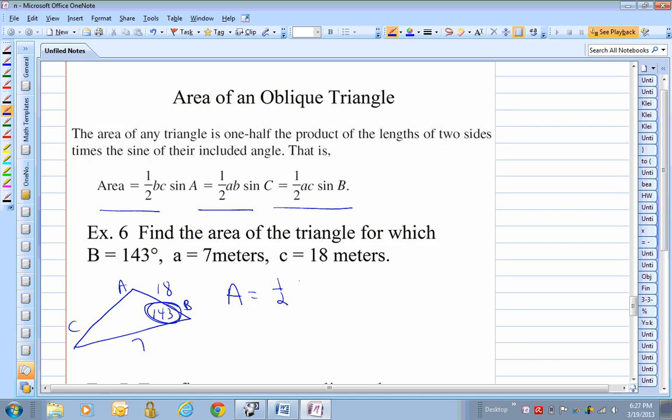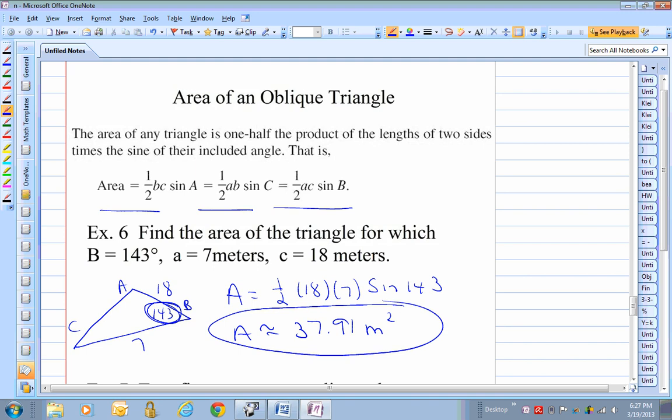So it would be 1/2 times 18 times 7 times the sine of the angle in between them, 143. You put that in your calculator and you would find the area to be approximately 37.91, and since these were meters, we'd say meters squared since it's an area measure.